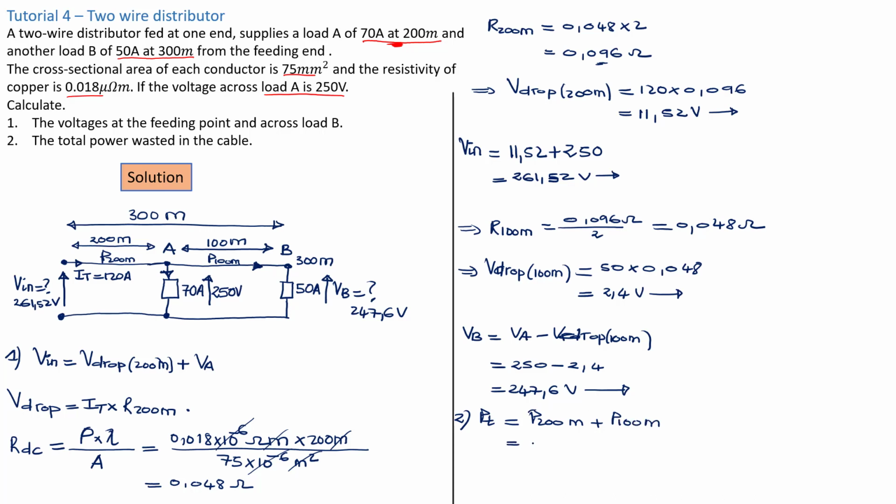Okay, so we know that power is the voltage times the current. Which voltage? That will be the voltage drop. So this power P 200 meters is going to be the voltage drop across the 200 meters, that is 11.52 volt, times the current on that section, we know it's 120 amp.